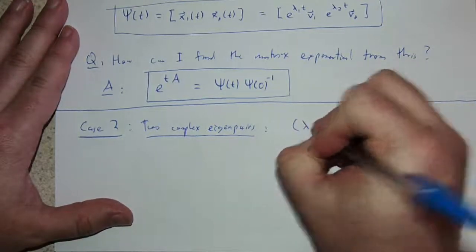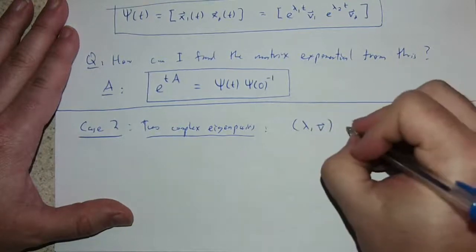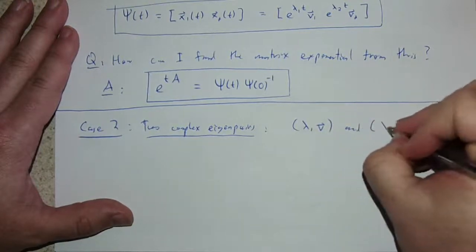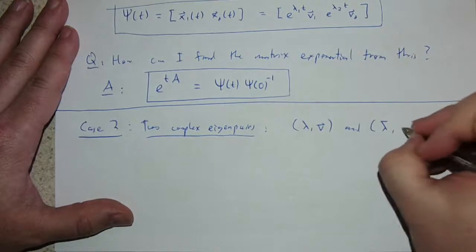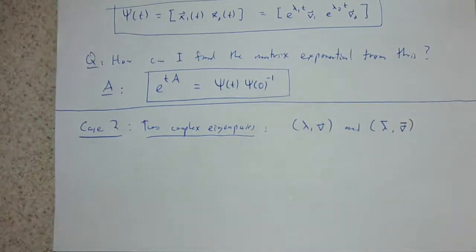One would be lambda, v, and the next one would be the conjugate of lambda and the conjugate of v. So in a sense, both of these eigenpairs are determined from either one: if you found one of these eigenpairs, you found both of them by just taking the conjugate.